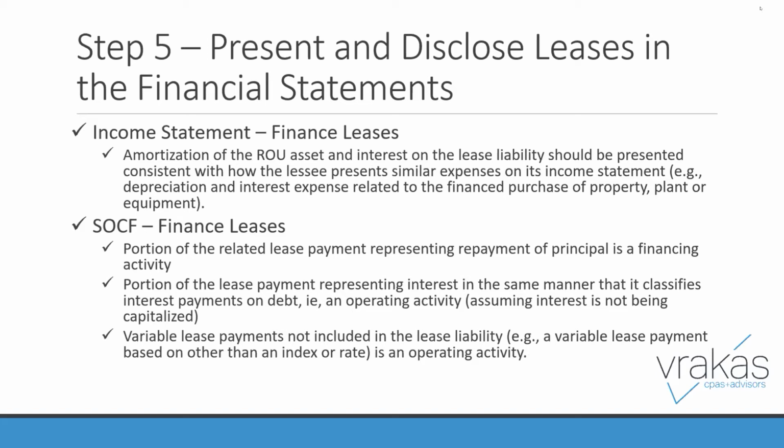The portion of your lease payment representing repayment of the principal would show up as a financing activity, and the portion of the lease payment representing interest would be classified the same as other payments on debt, so typically operating, assuming that you're not capitalizing interest. Any type of variable lease payments, those actual variable lease payments, not the ones based on a rate or index, are going to be an operating activity because you're just going to expense those as incurred.